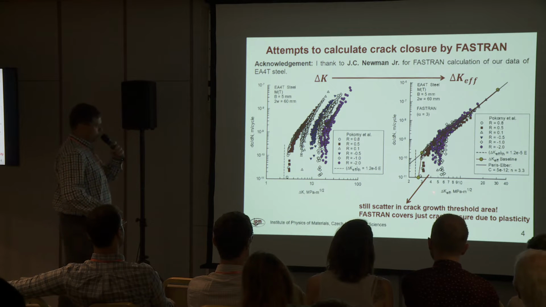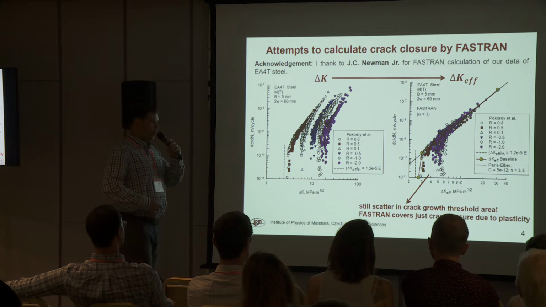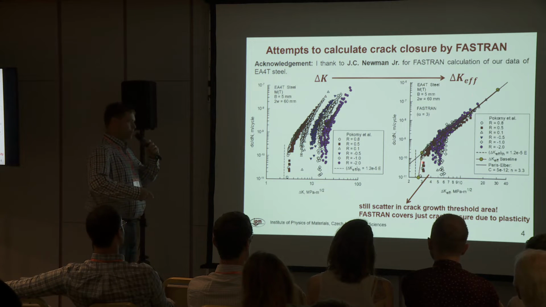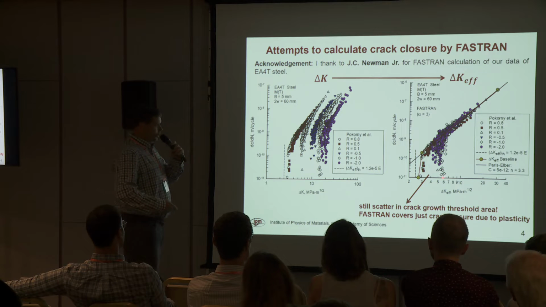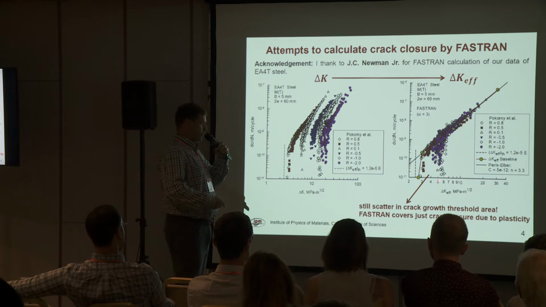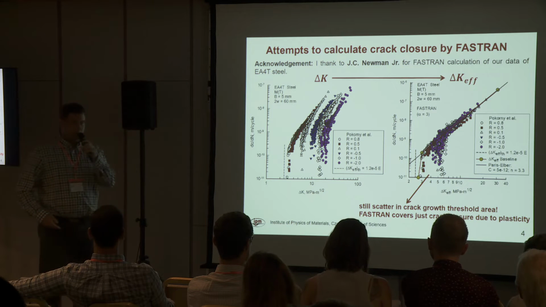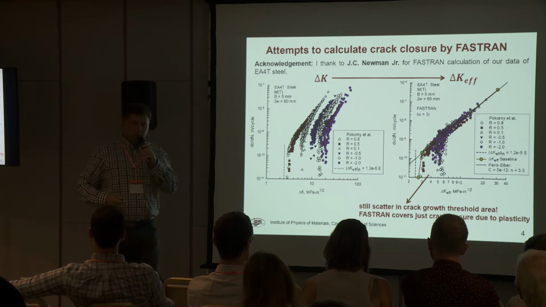However, we want one single curve, where all data measured at the various load ratios should collapse into one simple curve. But actually, as you can see here in the threshold area, this is not true, and we have scatter here. And this scatter is caused by the fact that FastRun just covers plasticity-induced crack closure.